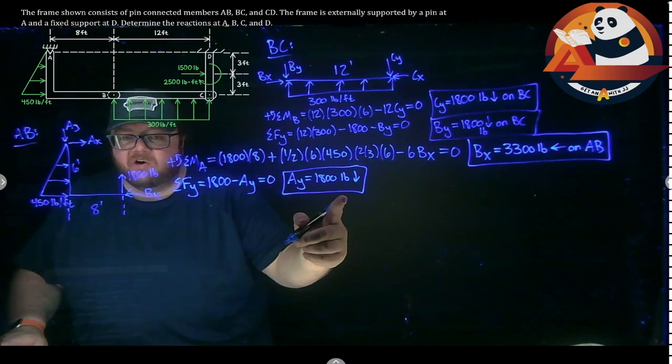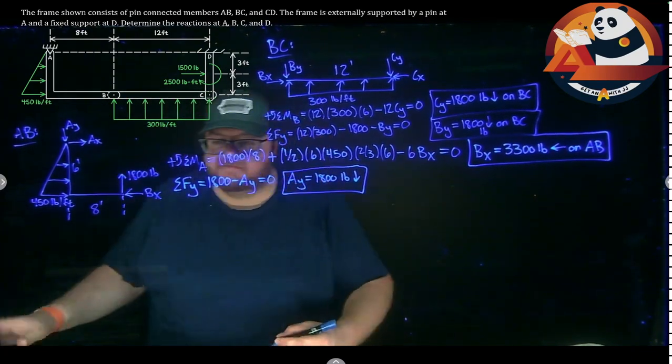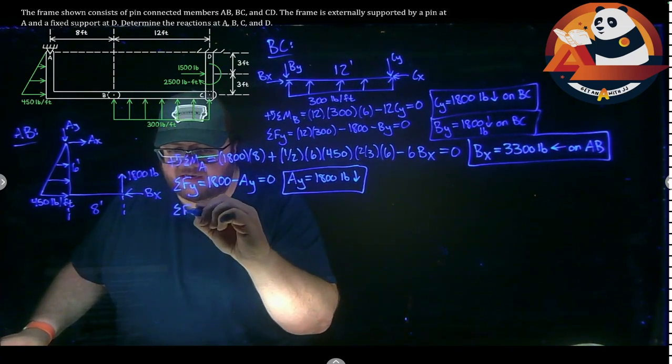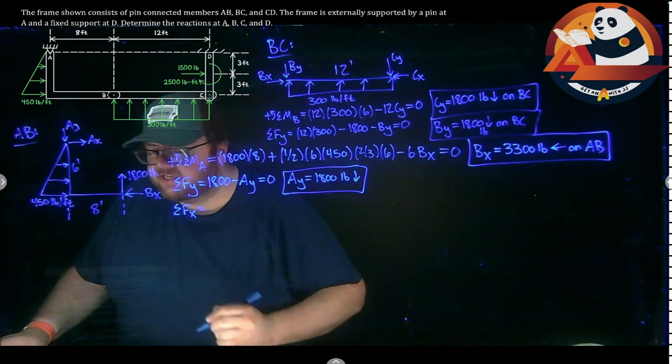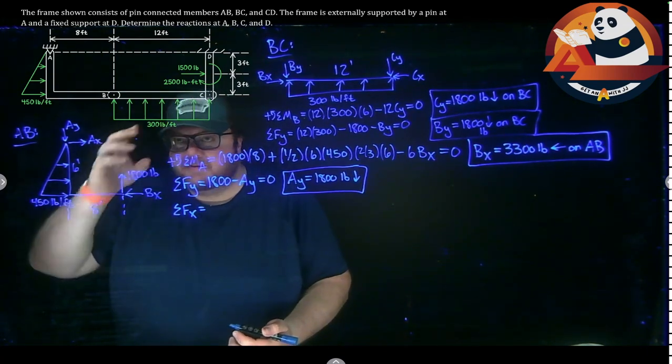With AY known, I could have summed forces in the X and we would get AX out. Or I can do moments at B, and I get AX out. But forces is typically easier. If it's easier, we're less likely to make a mistake. Let's play to our strengths in here and not make mistakes.